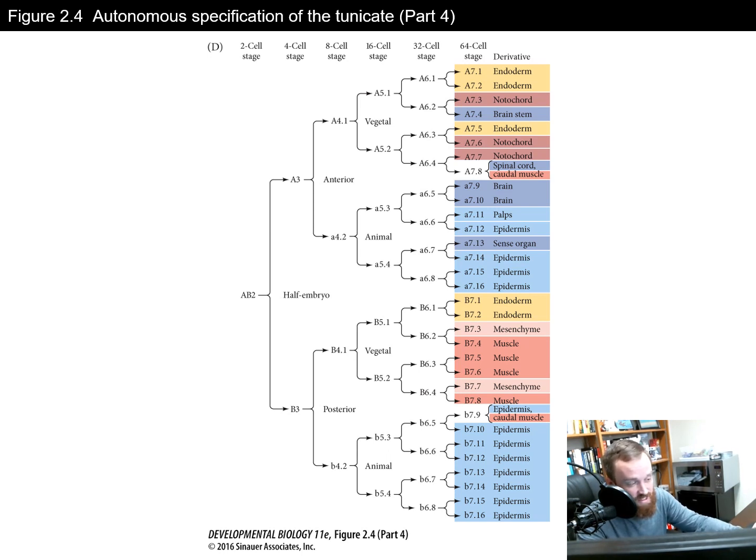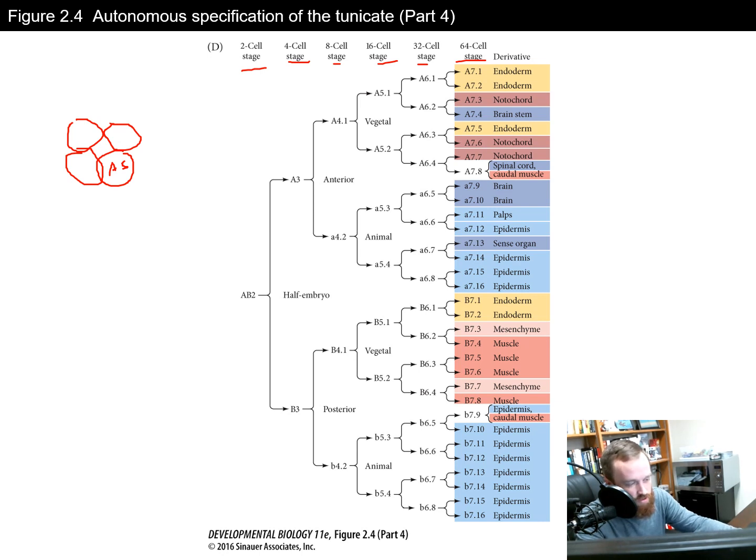As you can see here, we have the 2, 4, 8, 16, 32, and 64 cell stage. When you remove cells, so we saw a couple slides ago that image of a developing blastocyte that had this 3D structure, and there's a numbering concept to it where you have A's and B's, and then 4.1, etc., locating the cells within the developing blastocyte.